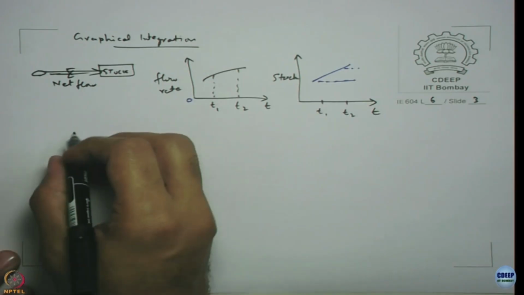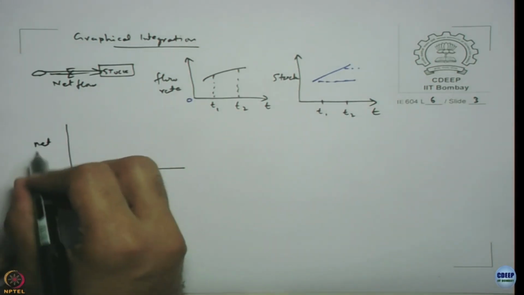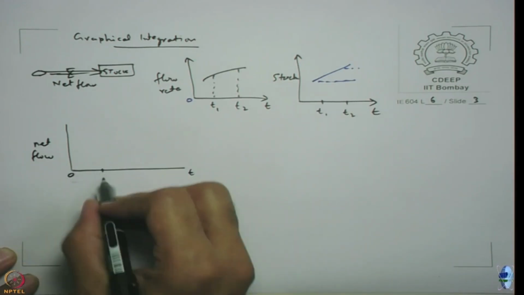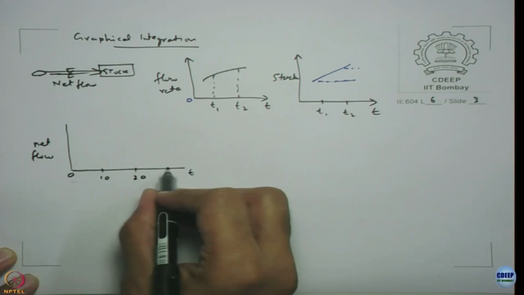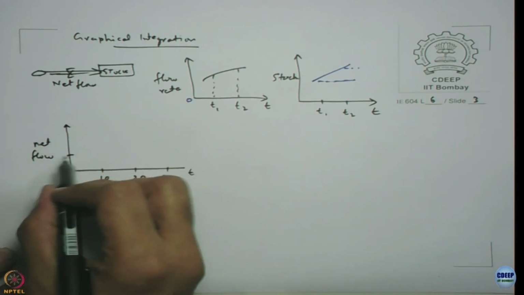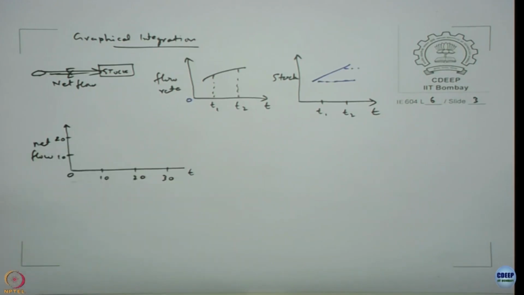Let us take a net flow, with time 0, 10, 20, 30 time units, and the y axis says 0, 10 and 20.